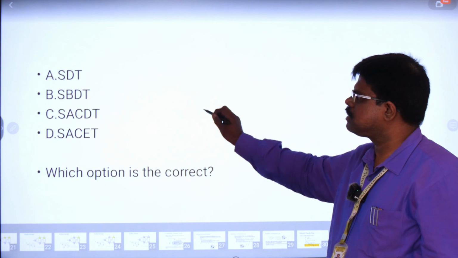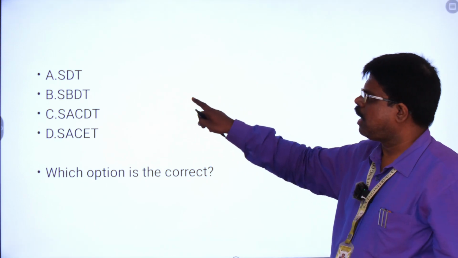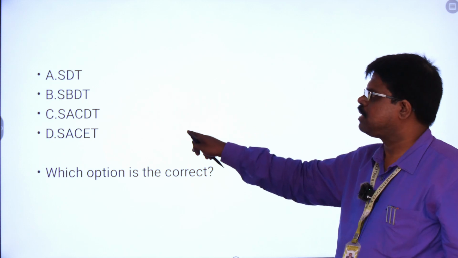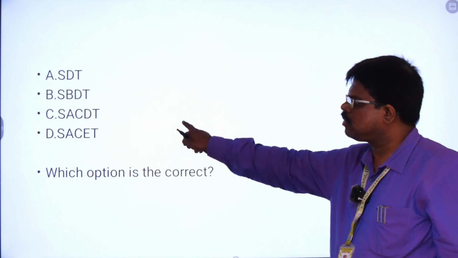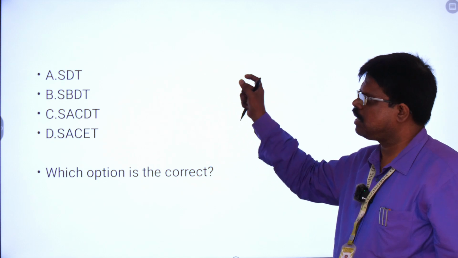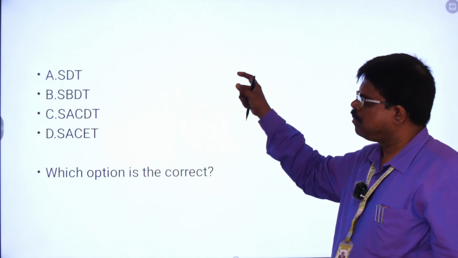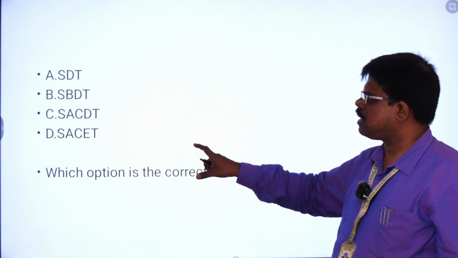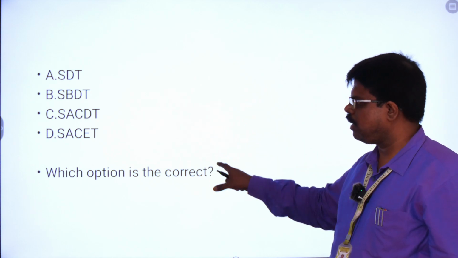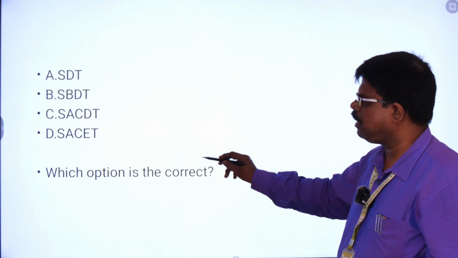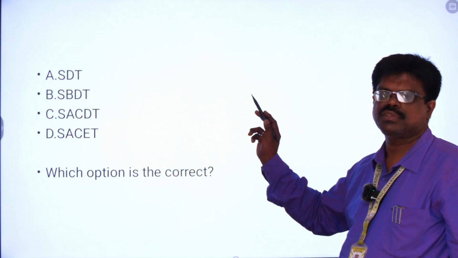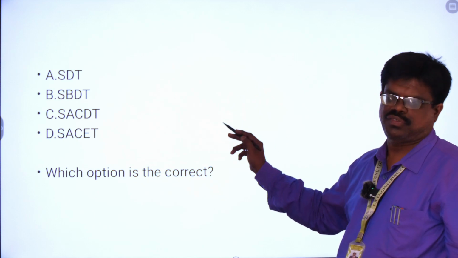And next, SBDT, this also you will get the value 10. Again SACDT, you are getting the value 11, so it is greater when compared to A and B. Based upon the summation of the nodes you will get the value, and SACET also you will get the value 10. So the best option is D, because it is the neighboring shortest distance which covers the source to the destination.